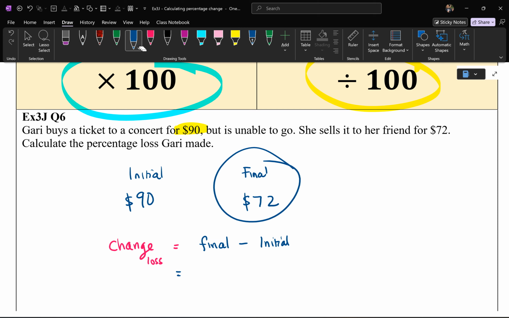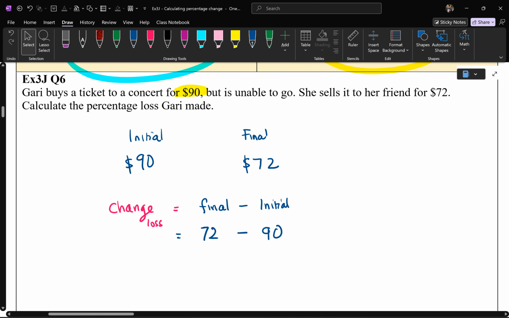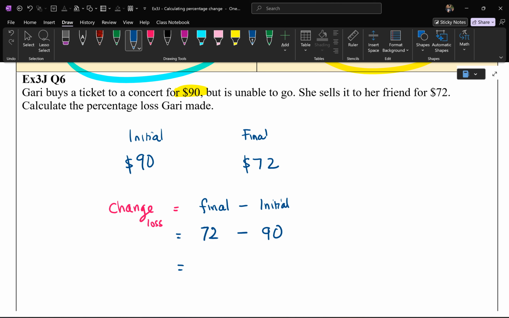Yeah, it's right in front of you. So $72, take away your initial amount. What's my initial amount in this case? $90. And the reason I want it in this particular order is because 72 take away 90 is actually equal to not just 18, it is negative 18.